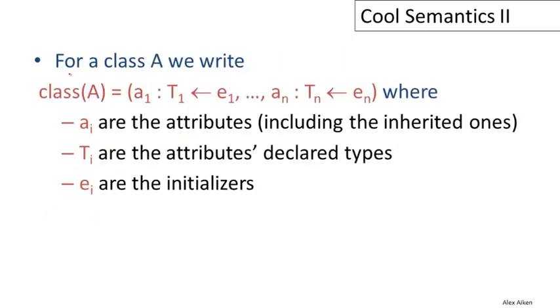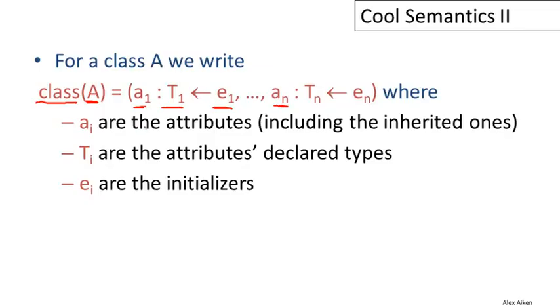In the operational rules, we're going to need a way to refer to the attributes of a class. So we're going to define a function called class that takes a class name and returns the list of attributes of that class. So here we have all the attributes of class A. Let's say they're A1 through AN. And in addition, this function is also going to tell us for each attribute the declared type of the attribute and the expression that initializes the attribute.